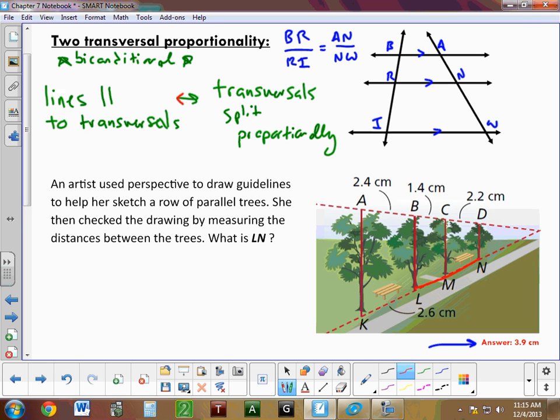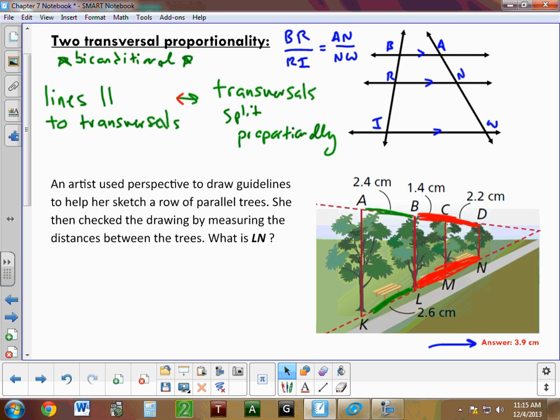So I can say, you can do this a couple different ways, but I think the easiest way is I have AB and KL. That's one of them. And then maybe I'll use, I need LN, so I'm going to use BD and LN, and I should be able to say that those are proportional. So I hope you can see the color that I used.